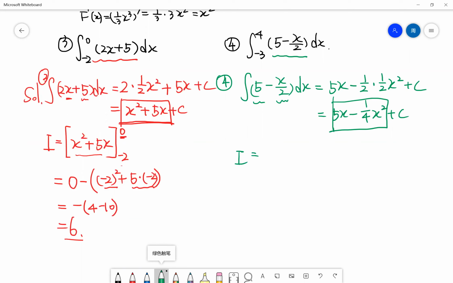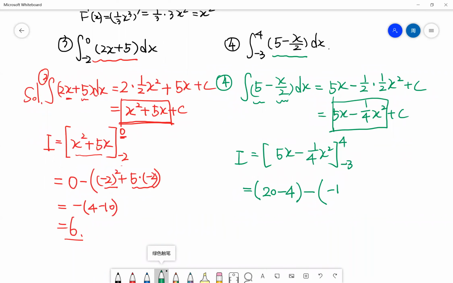So the definite integral should be 5x minus 1/4 x squared from -3 to 4. We first substitute 4 into this function, right? We should substitute 4 first. So that is 20 minus 1/4 times 16, which means 4, right? And then minus, we substitute -3 into this function.